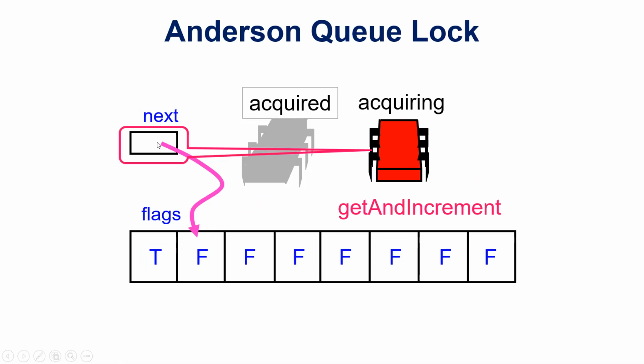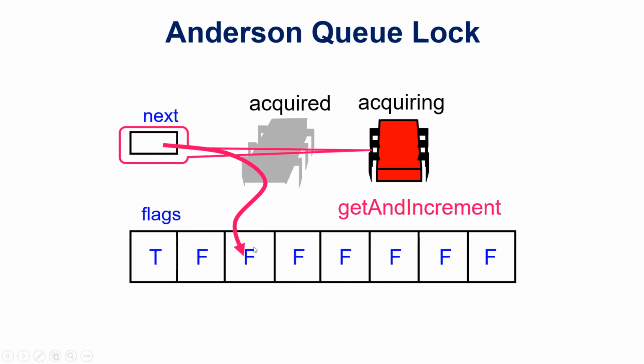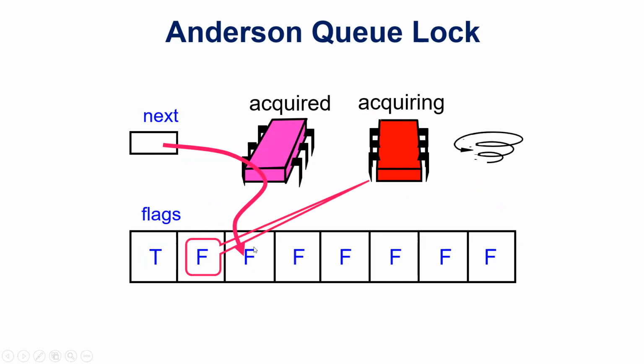After that it is pointing to the next position, and this particular thread will spin on this particular field. Now the first thread is spinning on the 0th index, where the flag value is true, and the second red thread is spinning on the field with index 1, and its flag value is false.